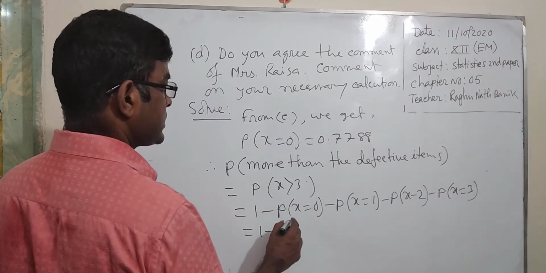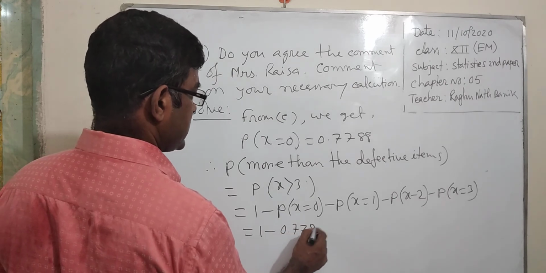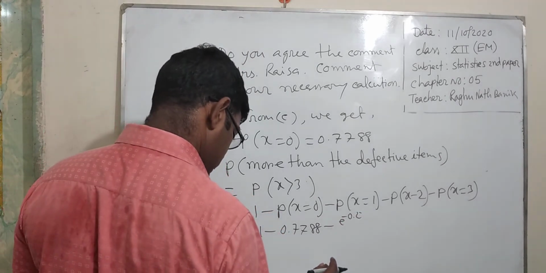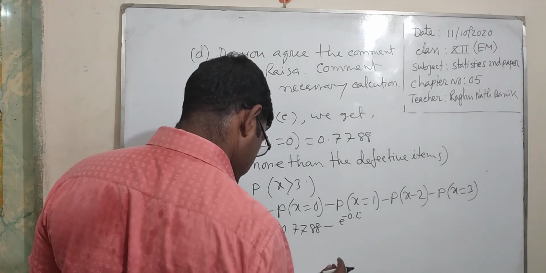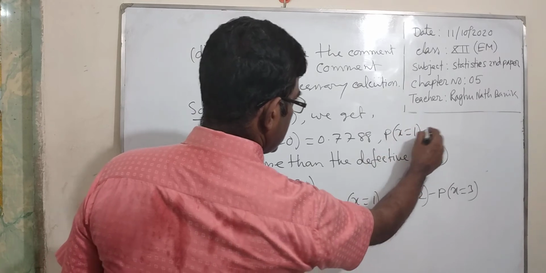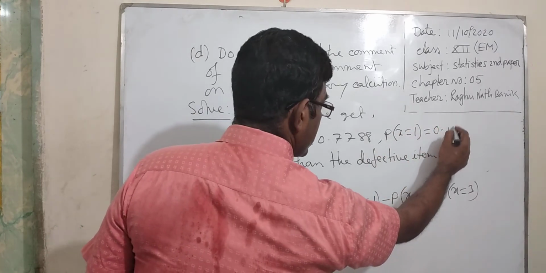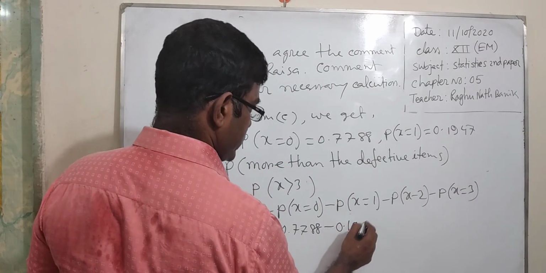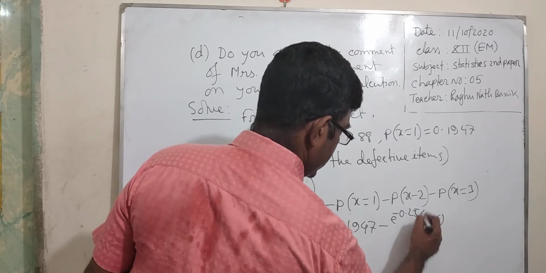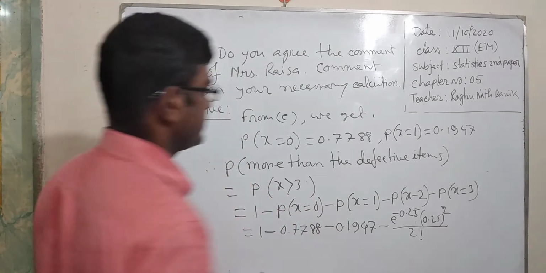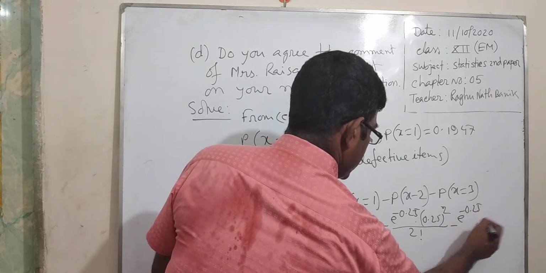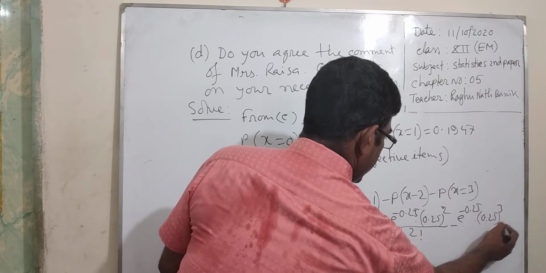We can write 1 minus 0.7788 minus 0.1947 minus e to the power minus 0.25 into 0.25 to the power 2 by 2 factorial minus e to the power minus 0.25 into 0.25 to the power 3 by 3 factorial.